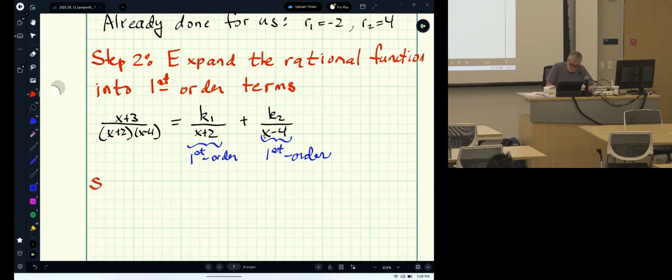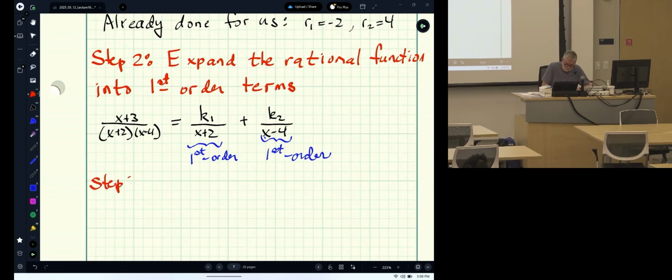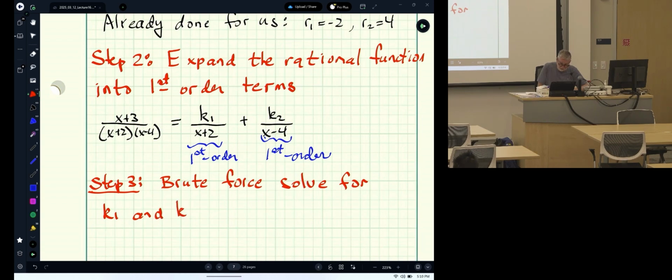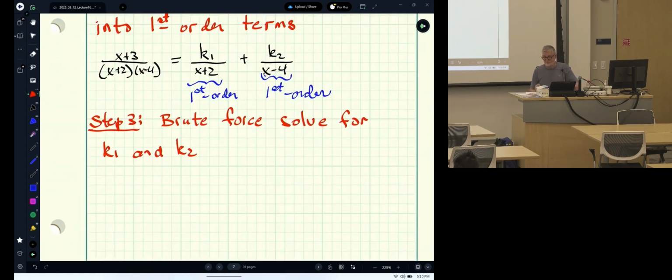Step 3. We're going to brute force solve for K1 and K2.